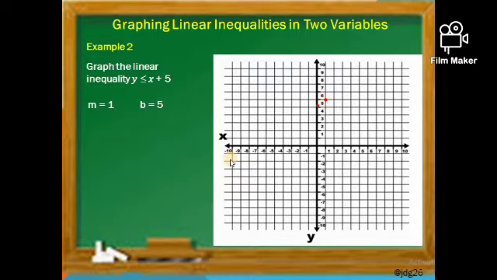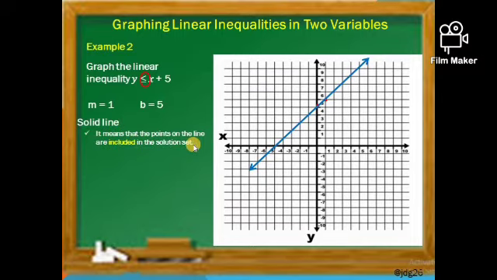Now, anong line ang kailangan gamitin? Tingnan natin yung symbol na ginamit. Since ang ginamit ay less than or equal, therefore, ang gagamitin natin ay solid line. It means that the points on the line are included in the solution set. Paano naman malalaman kung aling part ang kailangang i-shade as part of the solution? So, testing point tayo ulit. Pinakamadaling point na gagamitin natin ay ang 0, 0, which is the origin.